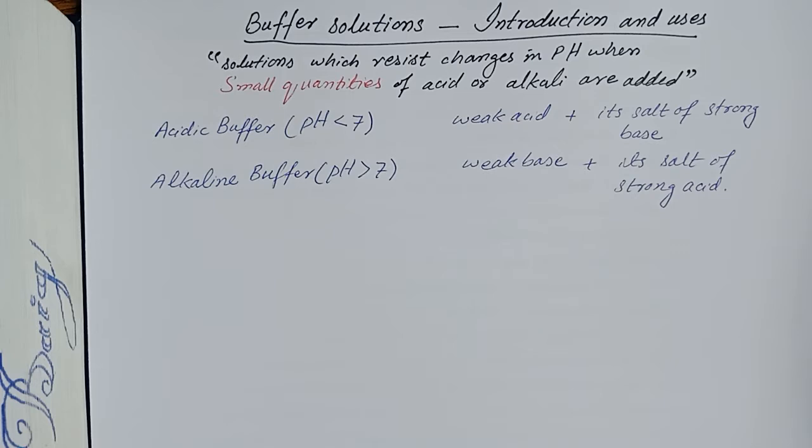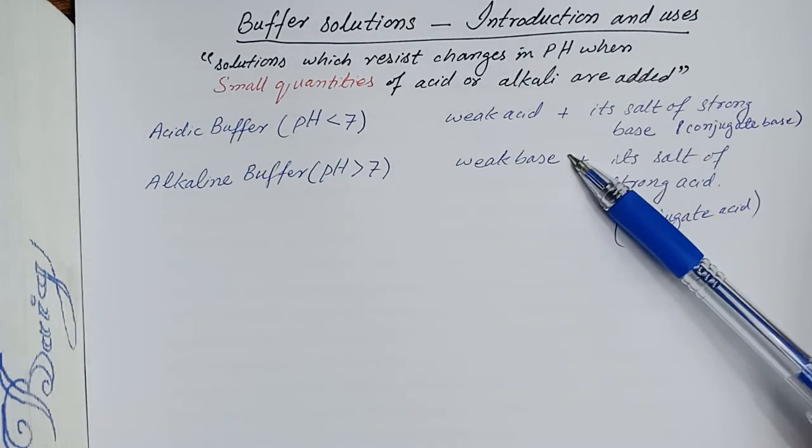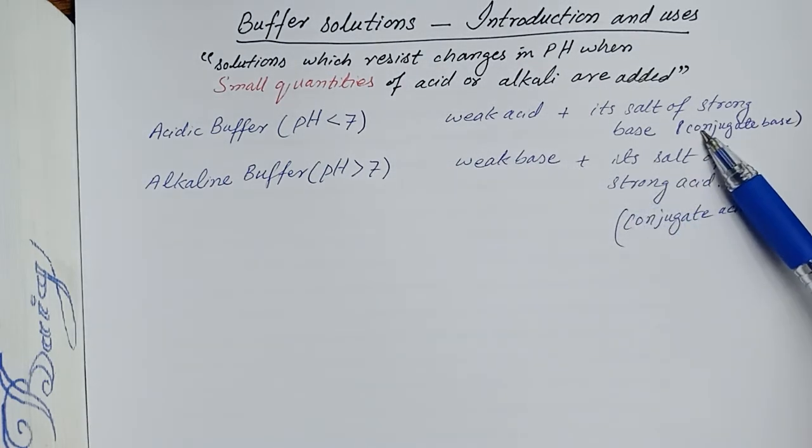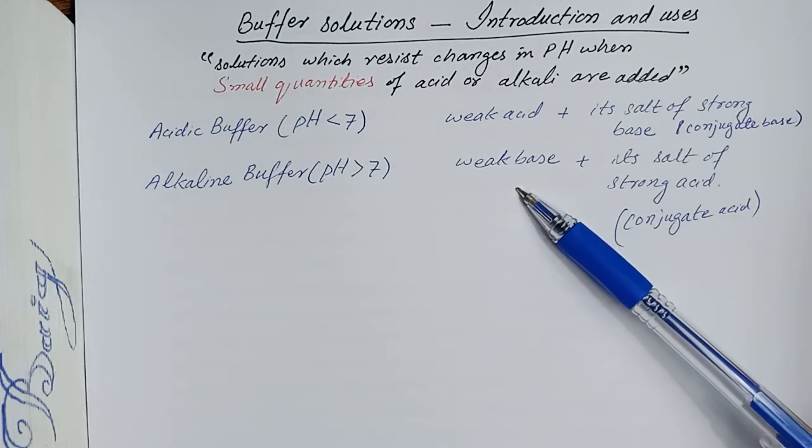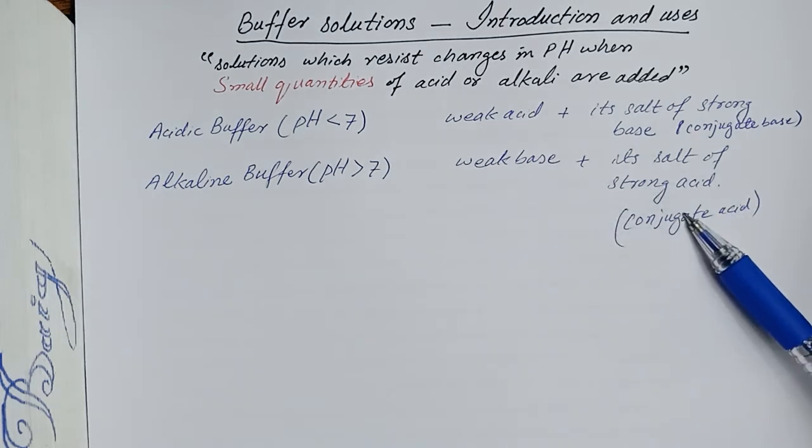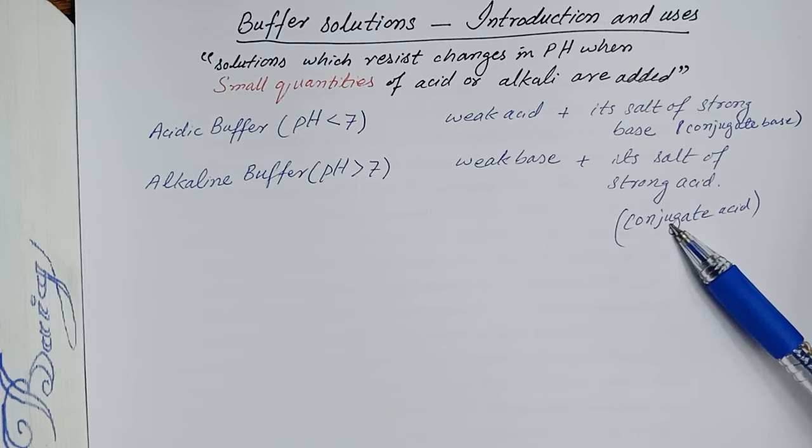More precisely, a buffer solution, or pH buffer or hydrogen ion buffer, is an aqueous solution consisting of a mixture of a weak acid and its conjugate base, or a weak base and its conjugate acid.